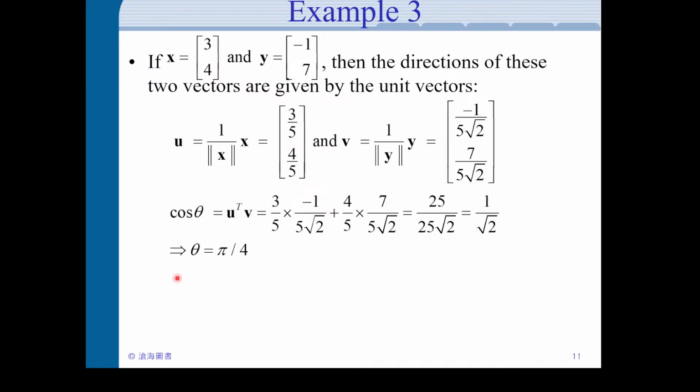So that's the example. You see that you can calculate the angle between those two vectors by calculating this inner product. That's example 3.